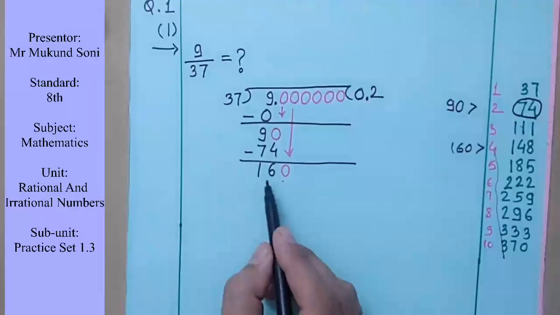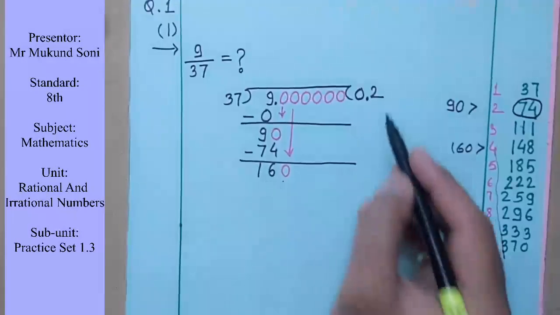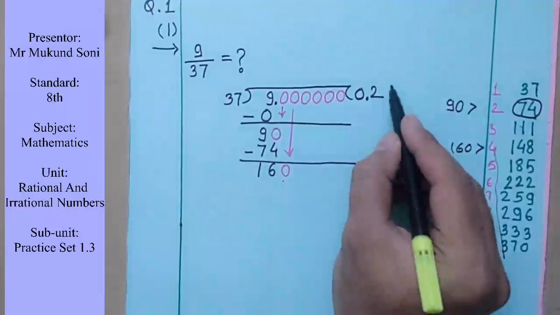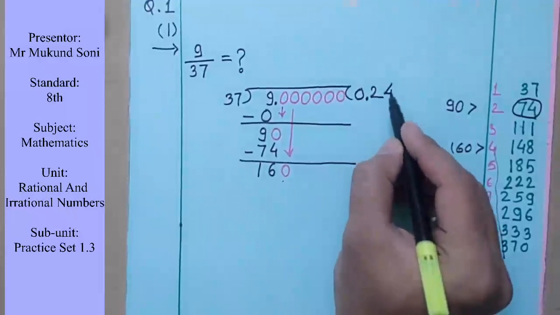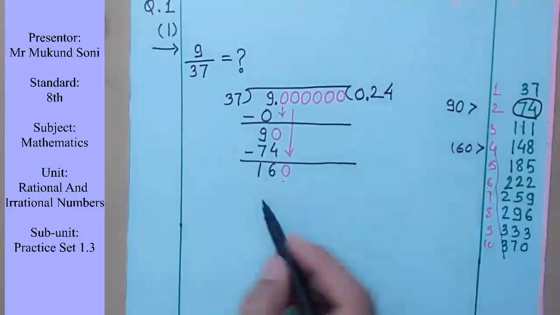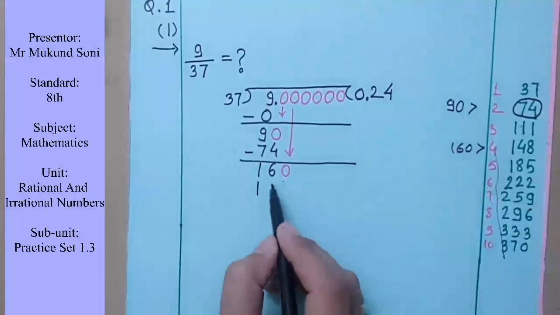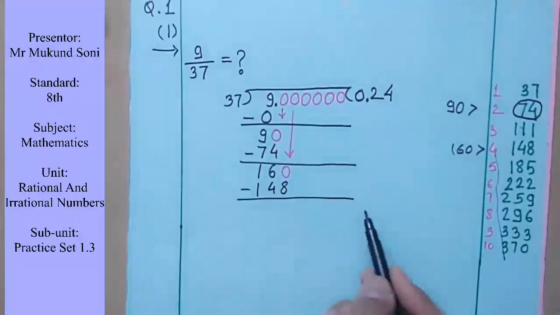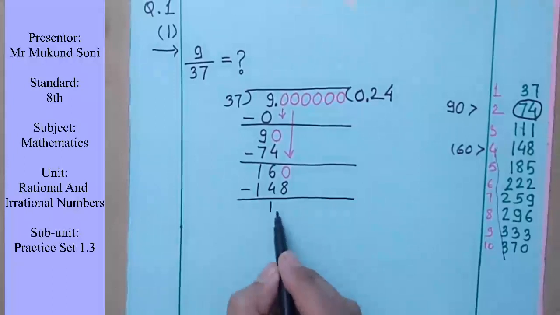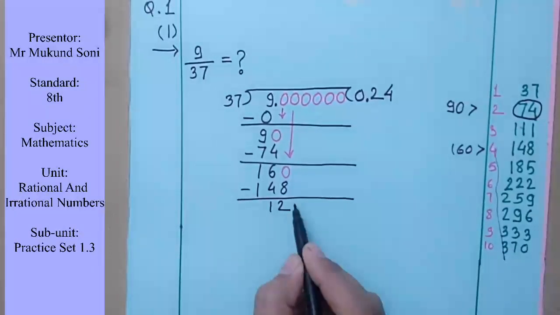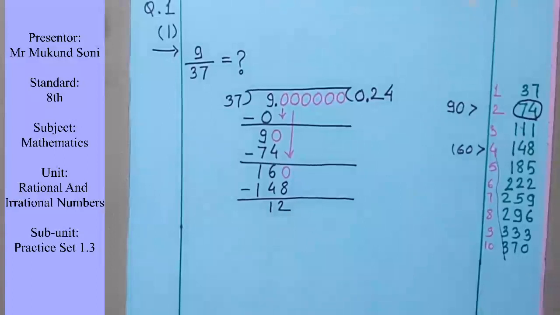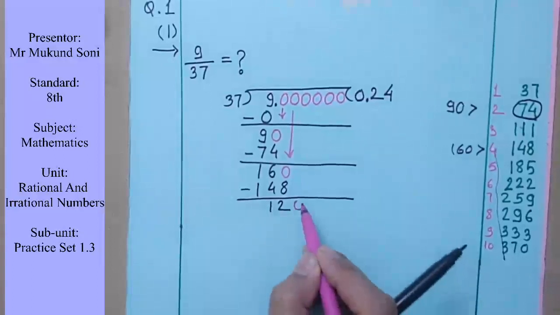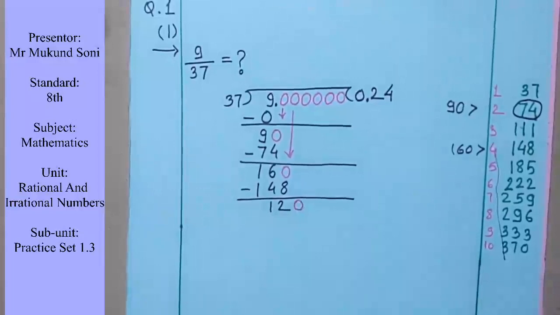Now, it stands at the 4th position in the table, that is 37 fours are 148, so 4 will go in the quotient and we will subtract 148 from 160. So this subtraction will result in 12. Next I will again take a 0 down. Now this is the third 0 I am taking down because my remainder is non-zero from the previous subtraction.